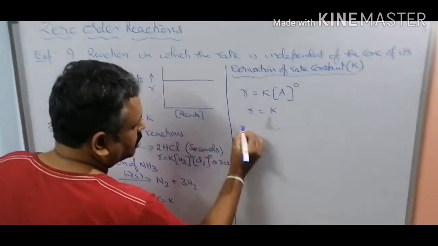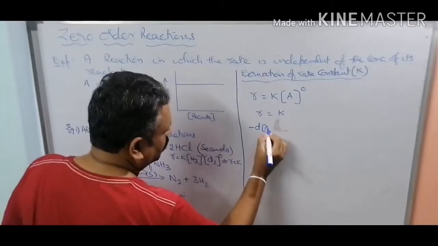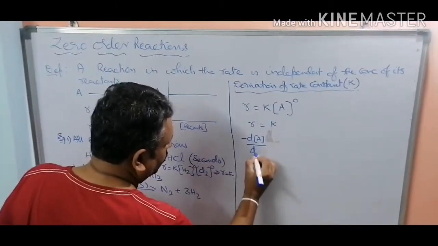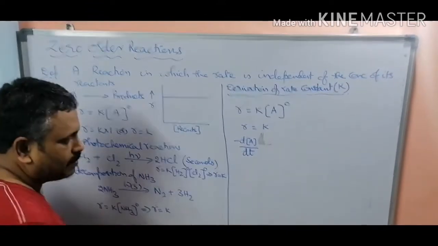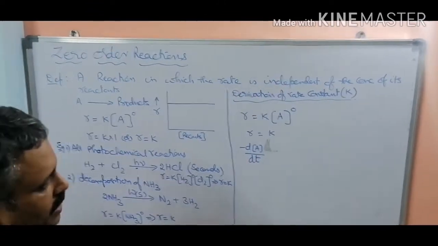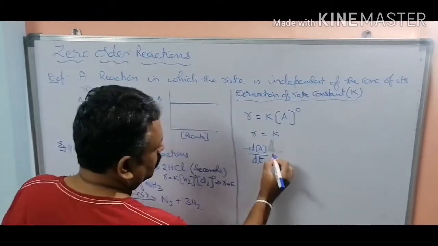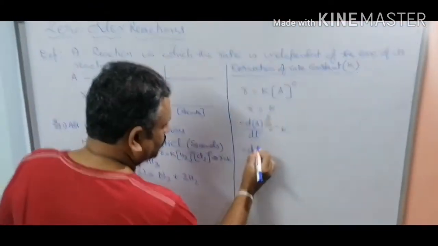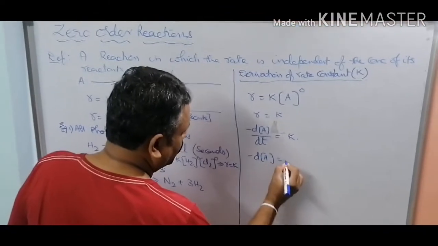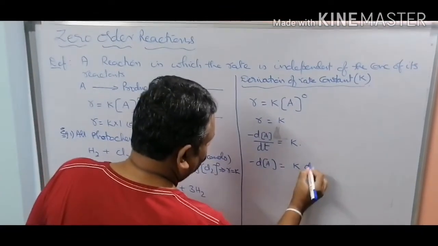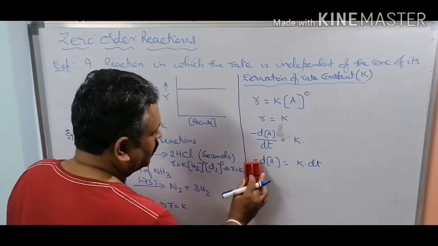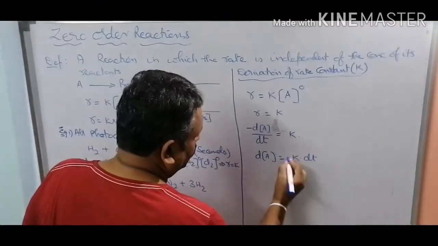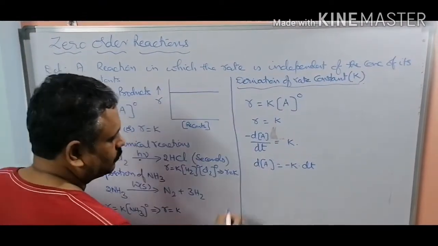We said it is the change in the concentration of the reactant with respect to time. Why did we give a minus sign? Because the concentration of the reactant decreases with time, which is equal to K. So rewriting, we get d of the concentration of A is nothing but K into dt. So let us send the minus sign to the other side, then it becomes minus K into dt.